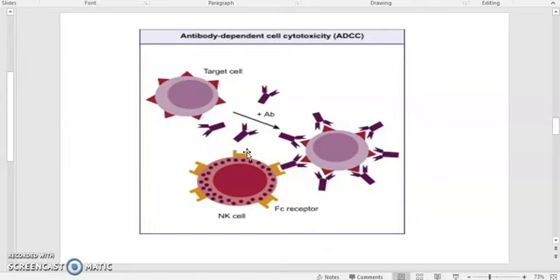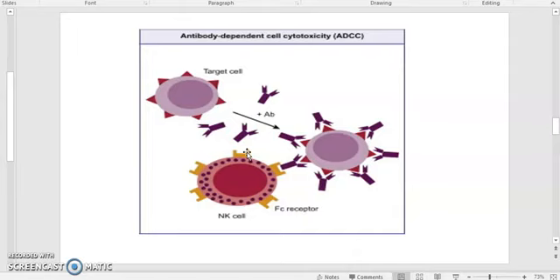Lysis of these target cells requires contact, but does not involve phagocytosis or complement fixation, which is observed in the complement-mediated hypersensitivity. Instead, ADCC lysis of the target cell is analogous to that of cytotoxic T cells and involves the release of cytoplasmic granules containing proteins, for example perforin and granzymes, that activate events leading to apoptosis.